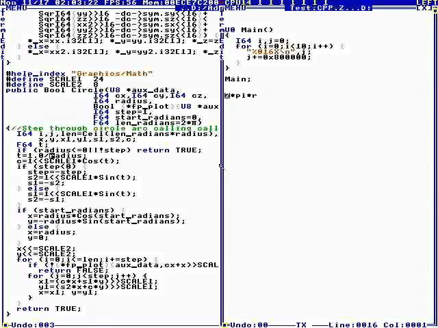Apparently it's 1 over the radius. We're rotating by a tiny angle. Let me explain this. How do I explain this?